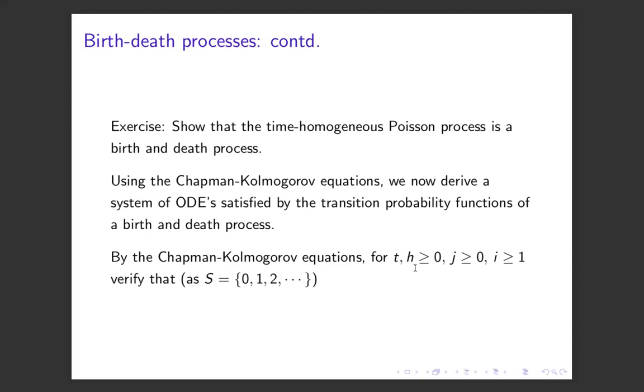Generally, we have been using h for a small positive quantity, and t. We will say something using Chapman-Kolmogorov and then let h go to 0. That is how one obtains the ODE. We have already done such a thing when we derived the time homogeneous Poisson process from certain basic principles, postulates, which we called N1 to N6.